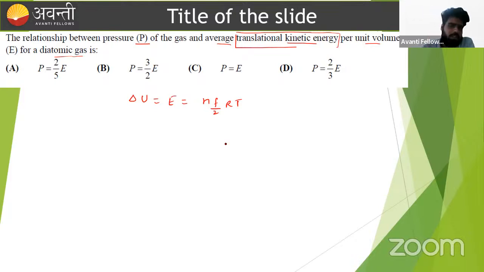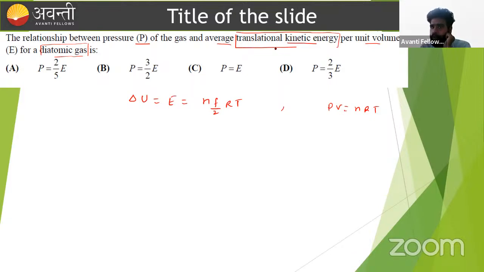Sir, tell me one thing. If this relation is applicable for an ideal gas, then we can also use PV equals nRT. Why not? Here it is given for a diatomic gas, and we only have to consider the translational kinetic energy. There are a total of 5 degrees of freedom in a diatomic molecule, where 3 are due to translational motion and 2 are due to rotational motion.